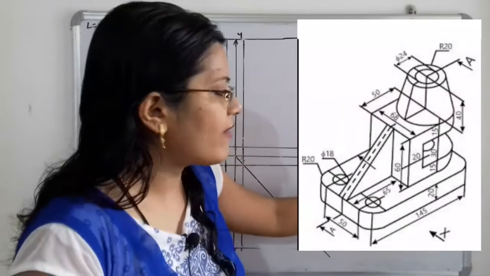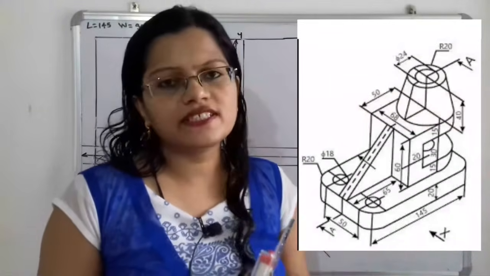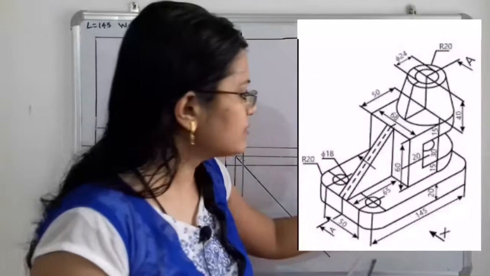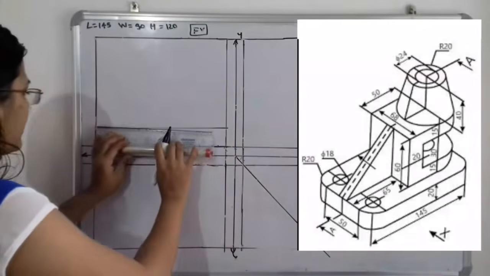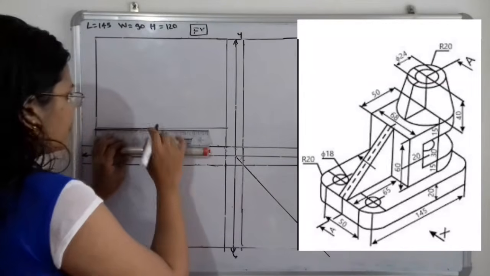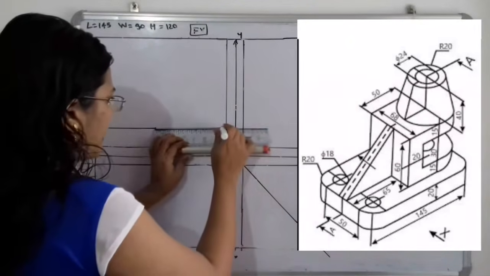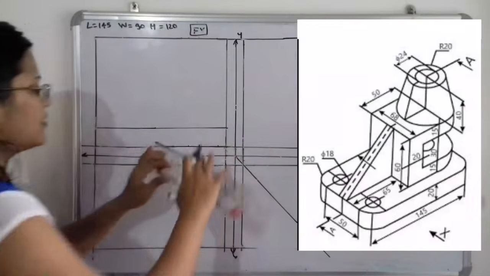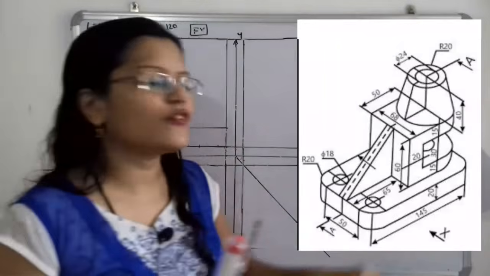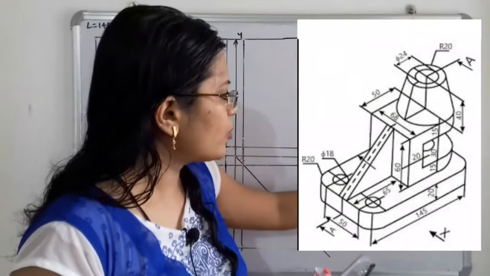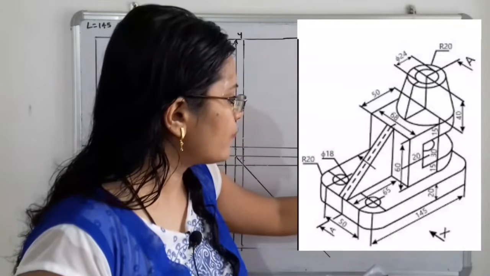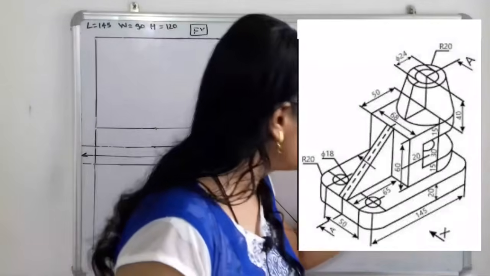Now the next. If we observe from the right hand side, the total distance is 65 millimeter. For this 65 millimeter, no work is there, there is only slope. So we can just make one point at 65 millimeter. This is the point for 65 millimeter, and after that some construction is there, from this point towards the right hand side. Now we will observe this construction. After 65 there is a vertical line with total length 60 millimeter.